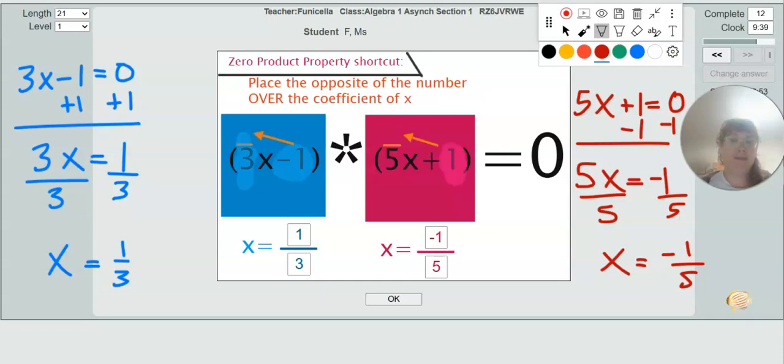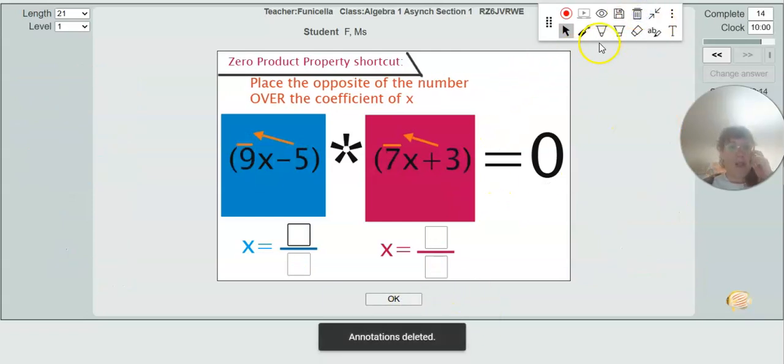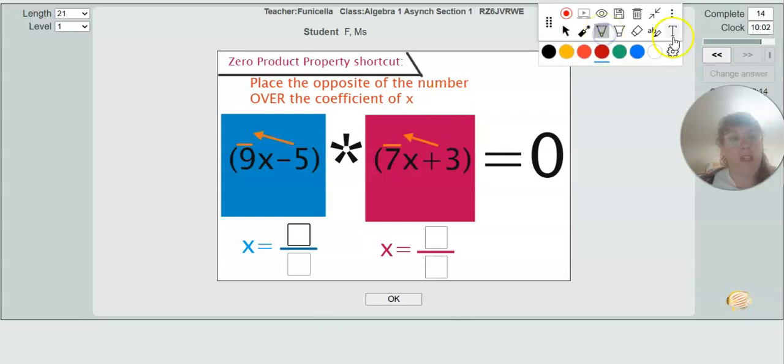Either way, whether you do the work out or if it feels better to do that little shortcut, you can do that, whatever you would like. Once you have all this set here on this slide, go ahead and hit OK. (9x minus 5).